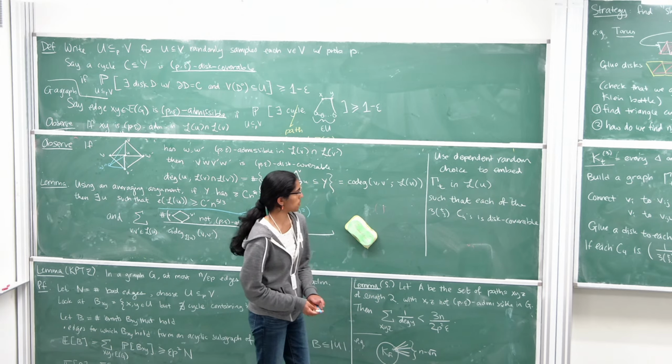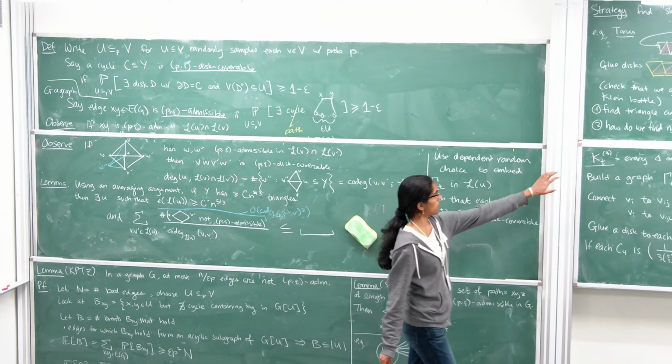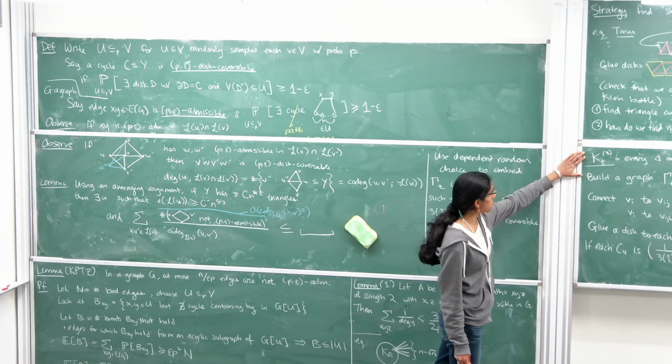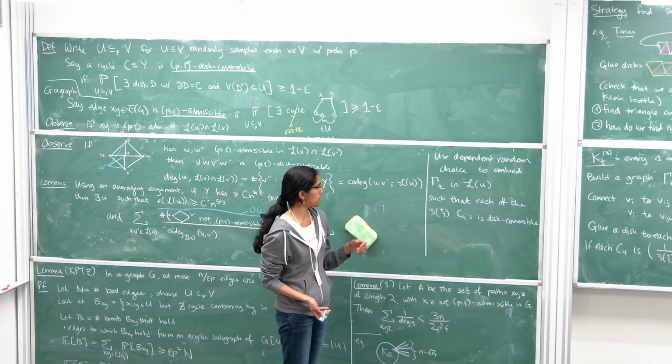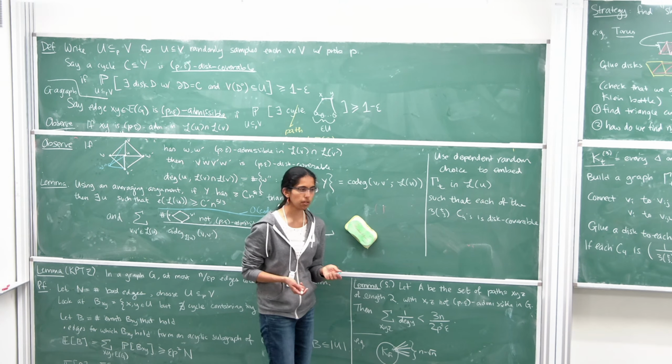And that finishes the proof that the extremal number of this thing is at most n to the 3 minus 1/3.